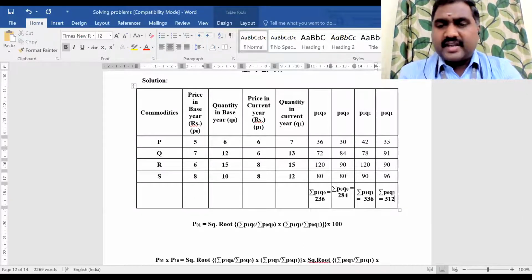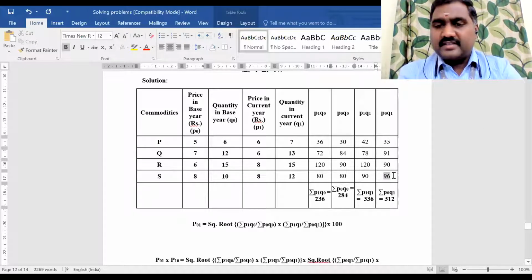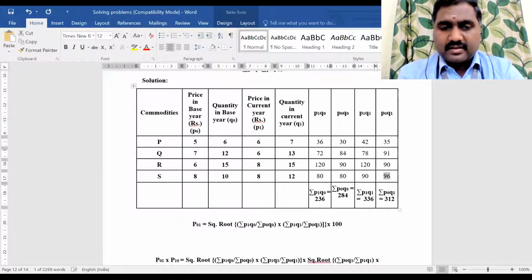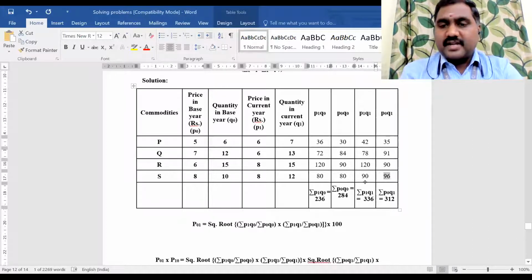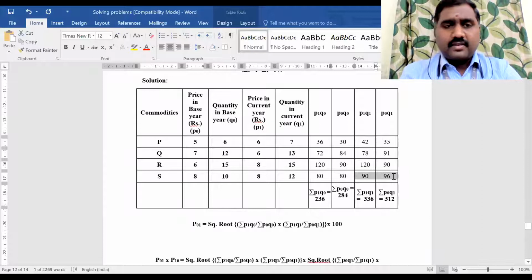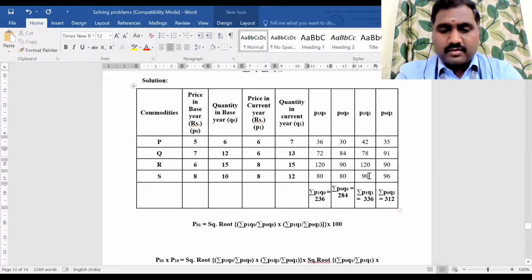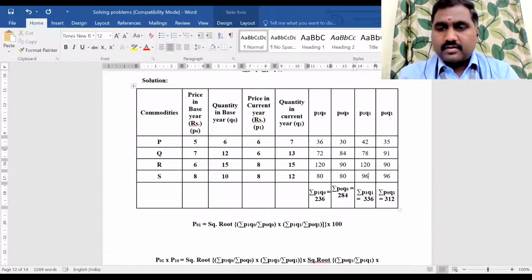Is the last one correct? Because some people are saying in the chat box that it's not 96, it's 90. See, guys, whether these last values are correct. In P1 Q1, it's 96, and P0 Q1 is also 96.